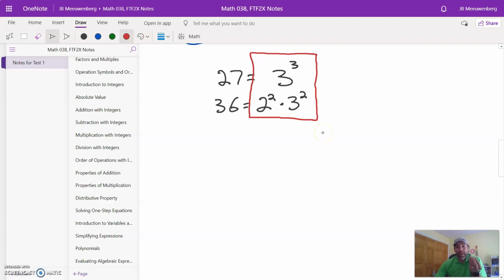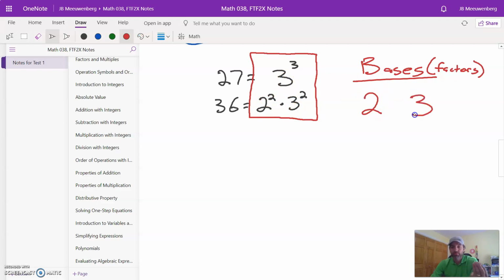And what I'm going to ask you now is, what are the different bases, the factors, that you see in these lists? I see 2, I see 3, and I see 3. So the bases that we see are 2 and 3. Agreed? We see 2s and we see 3s.